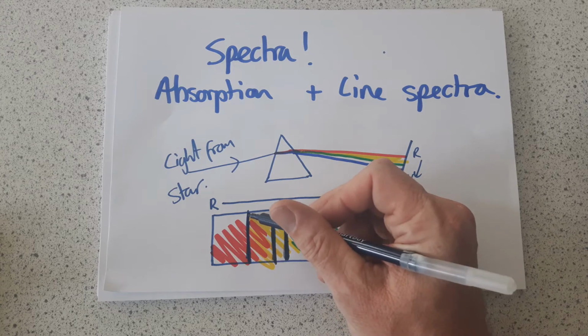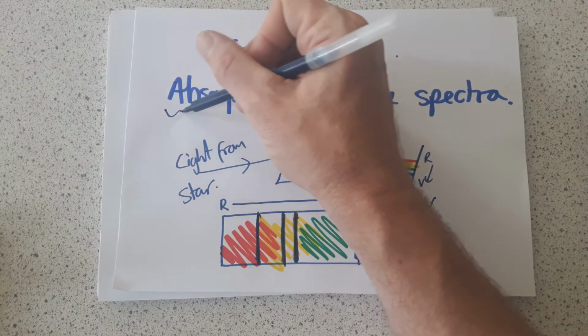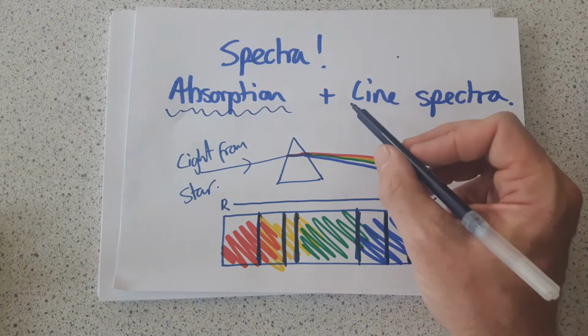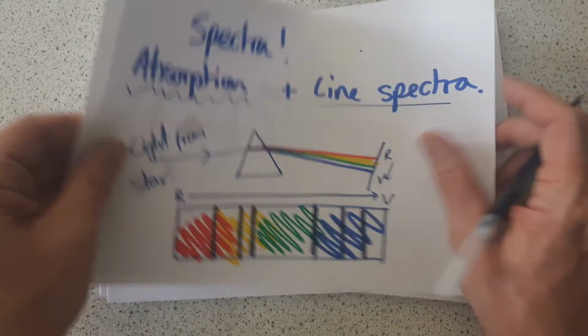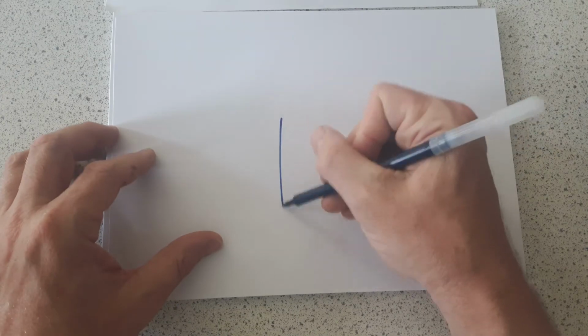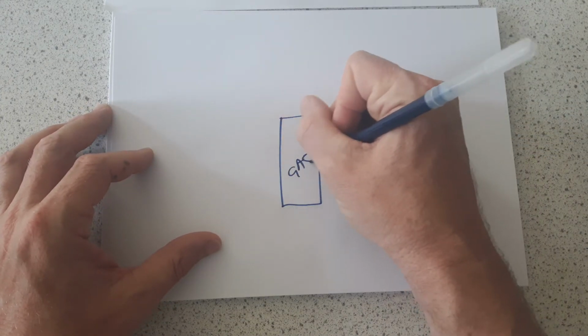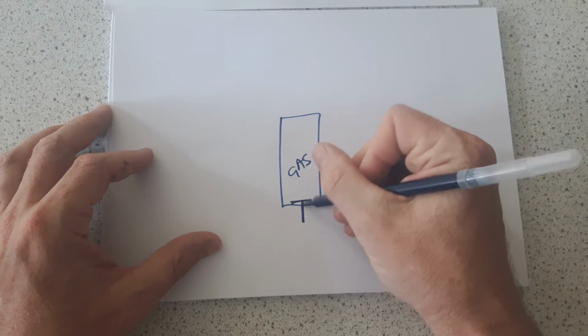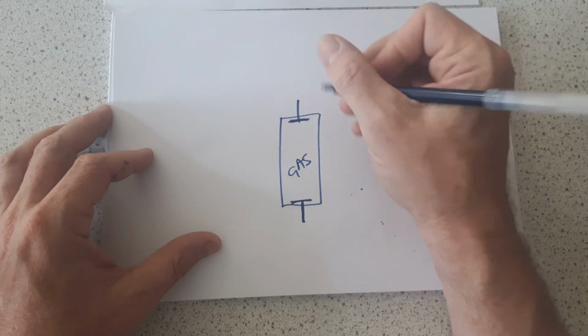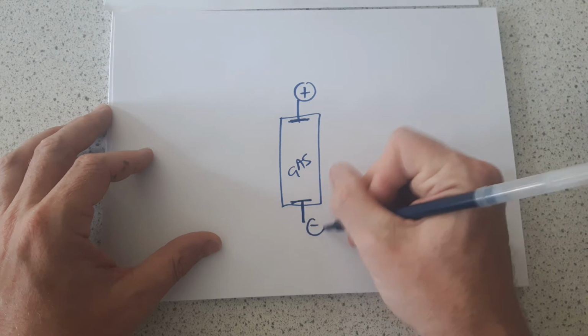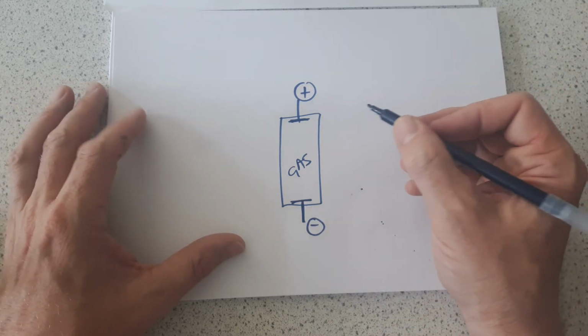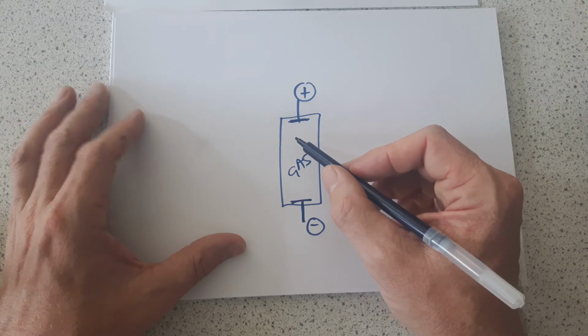Now, you can actually do the reverse of an absorption spectra and make a line spectra from any gas of any element. So if you take a gas in a gas jar or any other device, and you energize it by putting a large potential difference across it, then that gas will start to glow a particular colour.